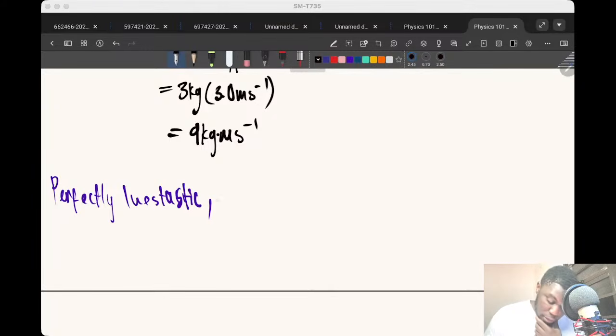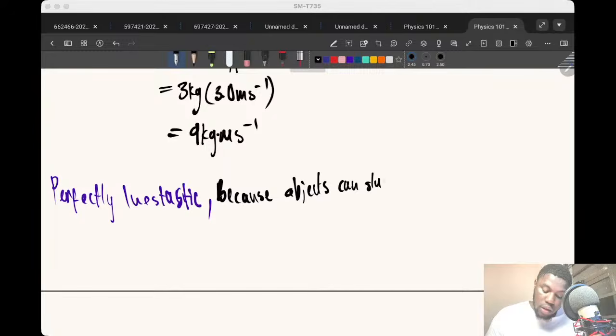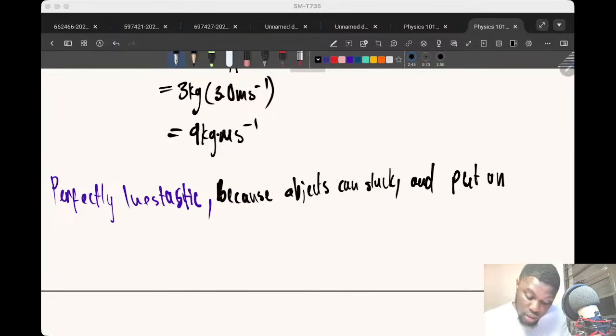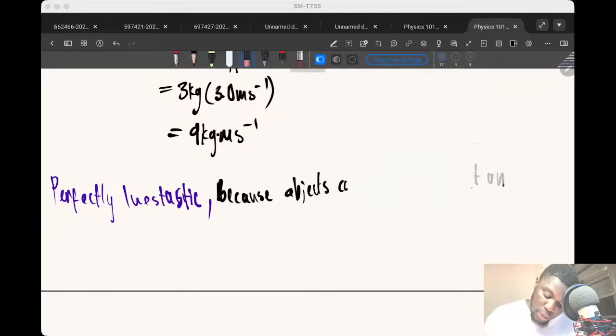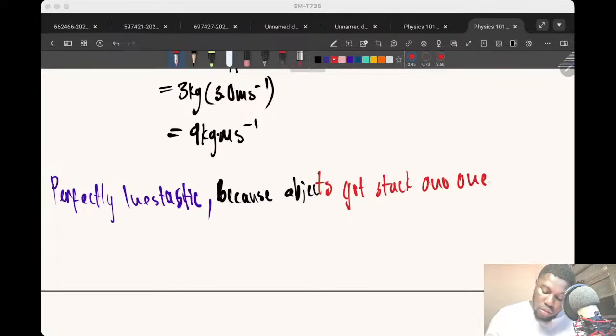It's perfectly inelastic because the objects got stuck.